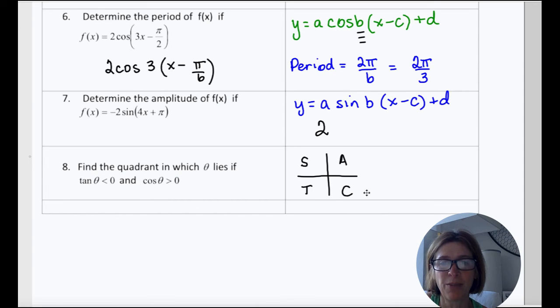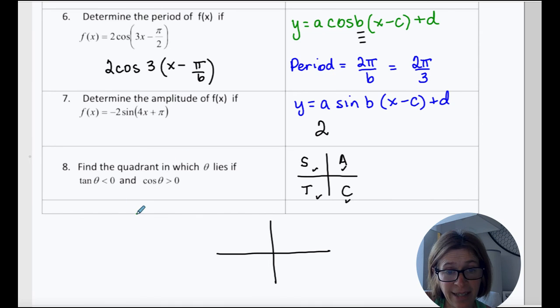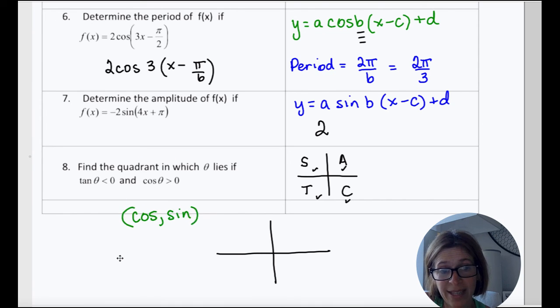And cosine is positive in quadrant 4. We say a mnemonic to help us: All Students Take Calculus. This mnemonic helps me find the positive values. Another way to think about it is that, again, cosine is x, sine is y. And another way to think of tangent is sine over cosine.